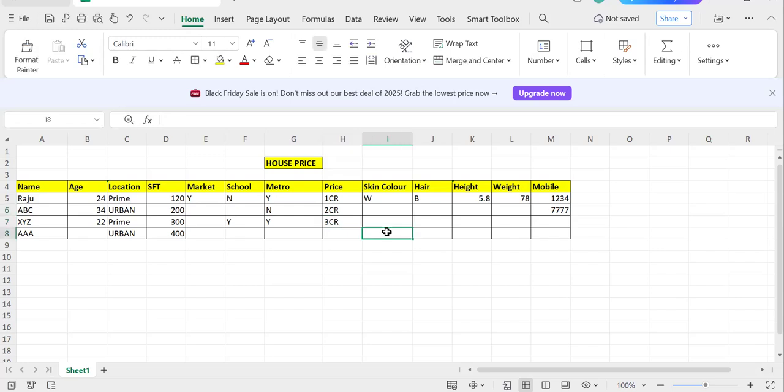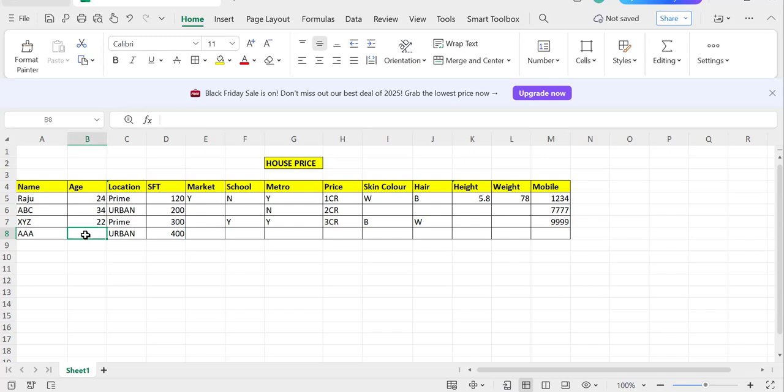And this customer's skin color is, let's suppose, black. Hair color, we don't have information, or you can say white. Height information is not there.